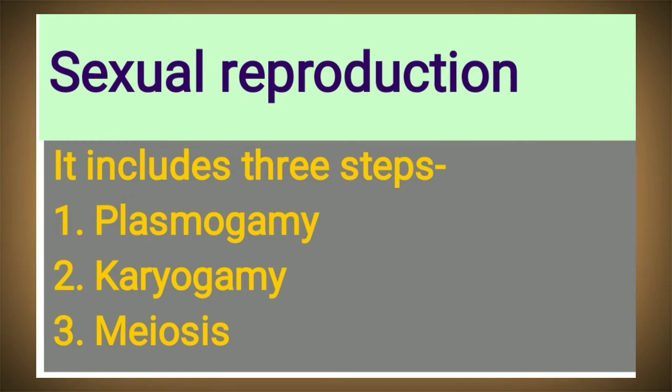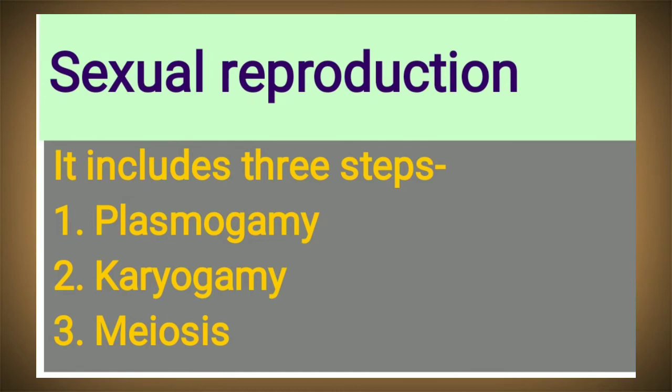The sexual reproduction in fungi includes the formation of two specialized gametes, the male gamete and the female gamete. The male and the female gametes are produced within two specialized structures called gametangia. Male gametangia have the male gametes and the female gametangia have the female gametes.